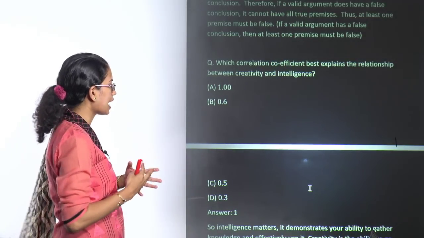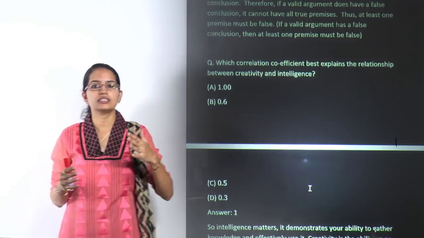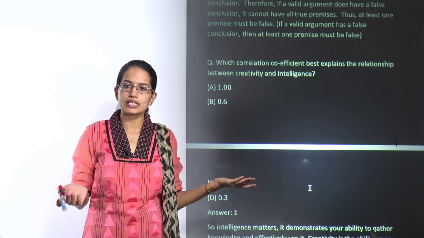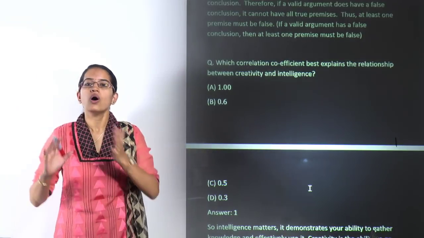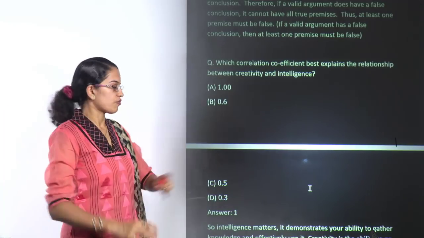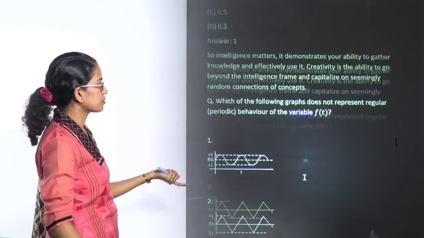Now when we say very high correlation, a high positive correlation, the correlation has to range from -1 to +1. -1 is strongly negative, +1 is strongly positive. 0 means no correlation. So strongly positive or towards positive, that is tending towards 1. So from these choices, only 1 is one of the best options that I could mark out.